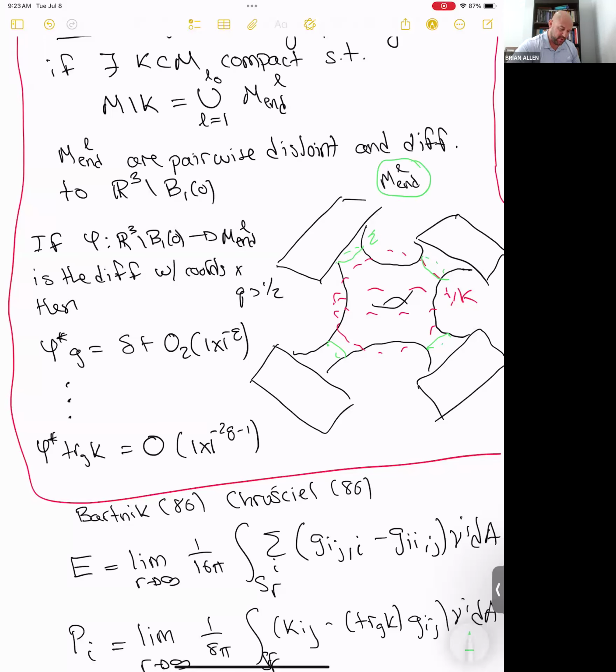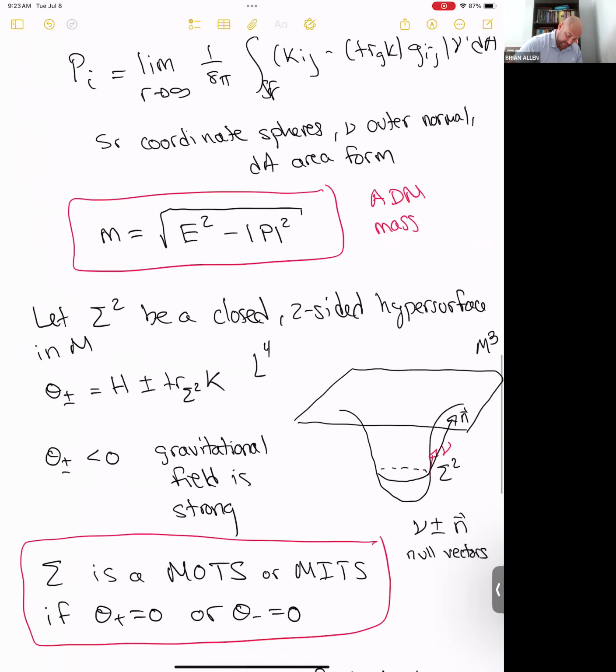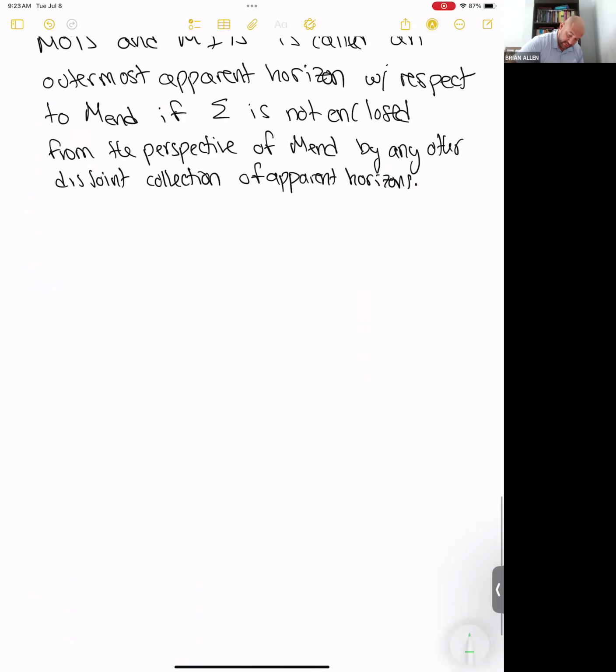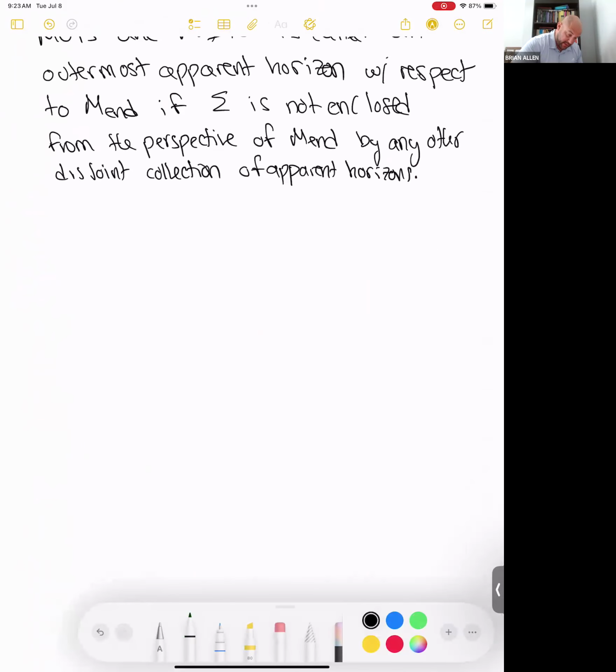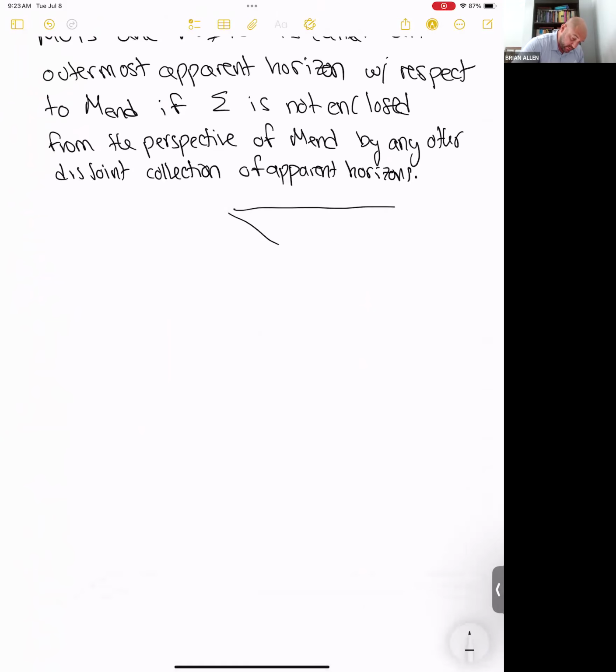But in this picture, it's a little bit boring because it's just one connected component. And that's a completely interesting and reasonable case. It's just that in general, there could be several connected components that you need. So in general, maybe I'll draw another picture down here. Your end could look something more complicated, where let's just draw two asymptotically flat ends.